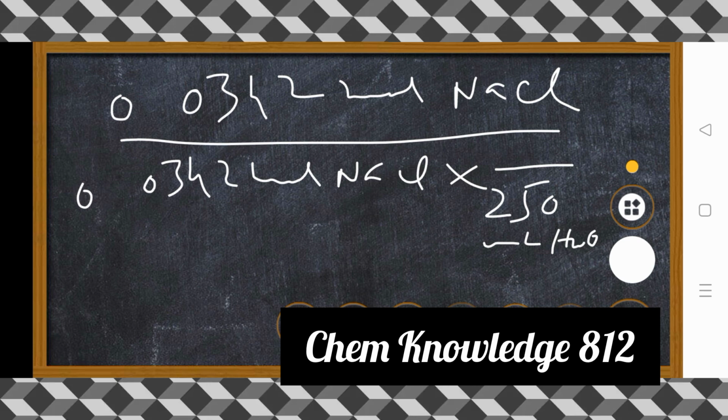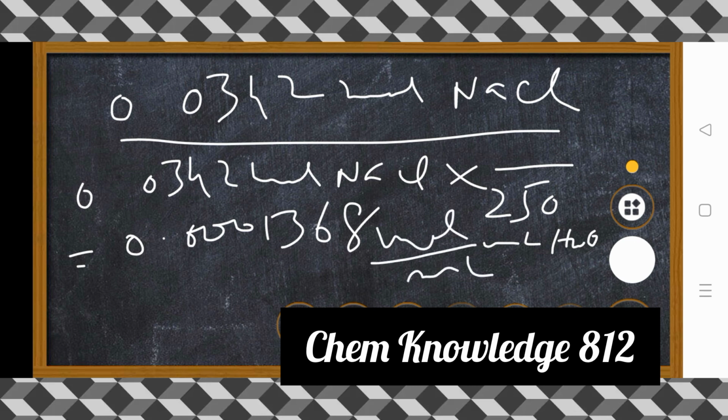So here we will get the result 0.000138 mole per ml. That is the unit mole per ml, and we need mole per liter.